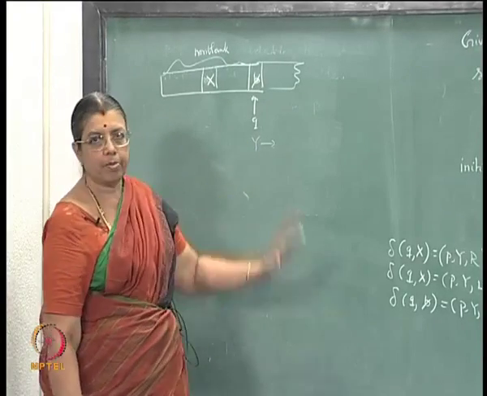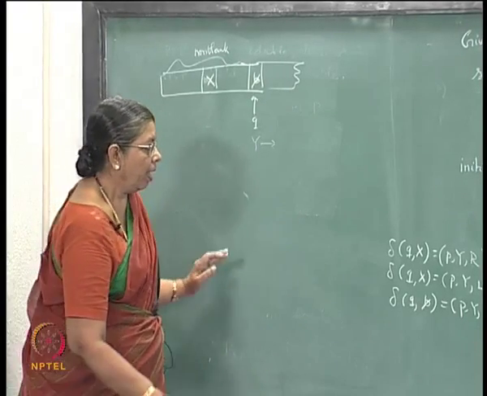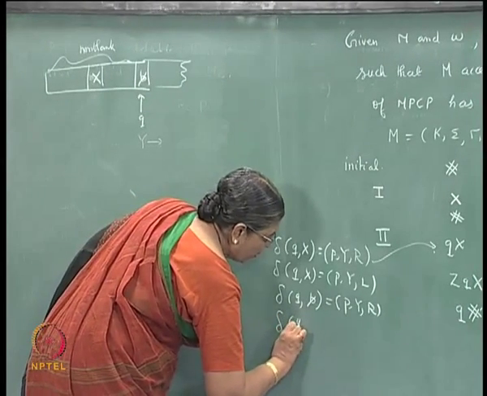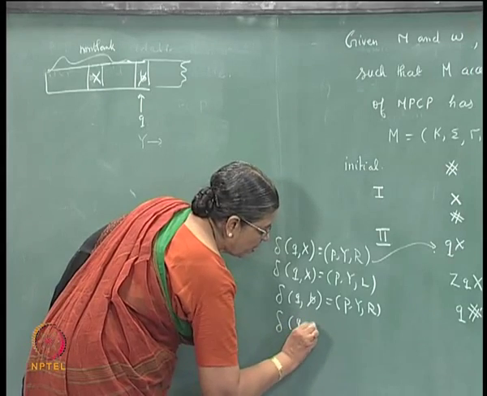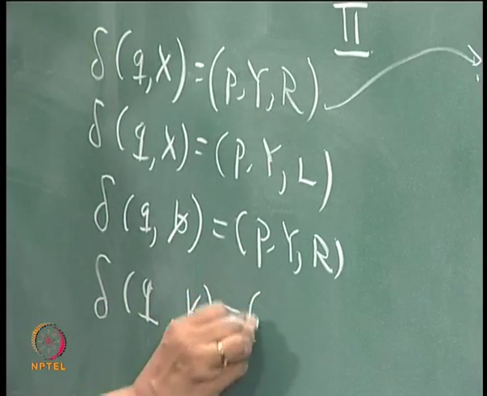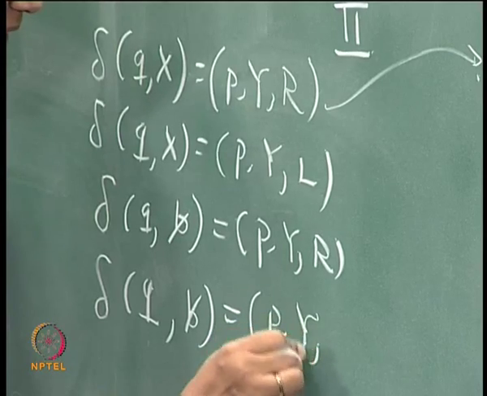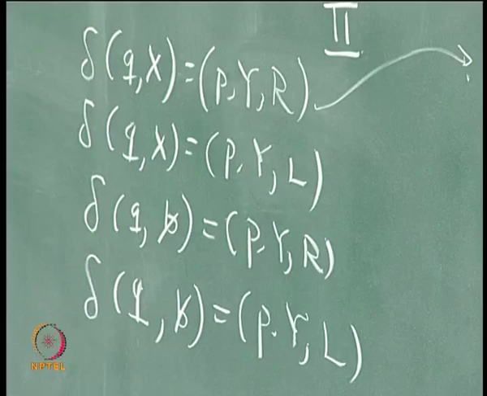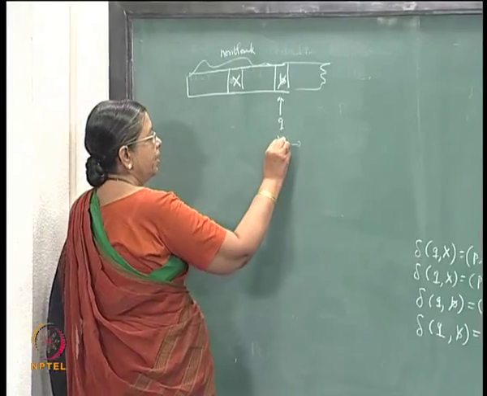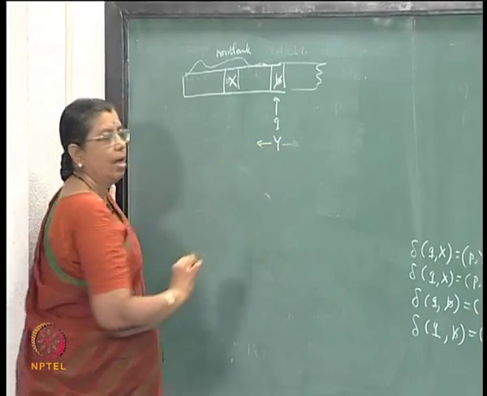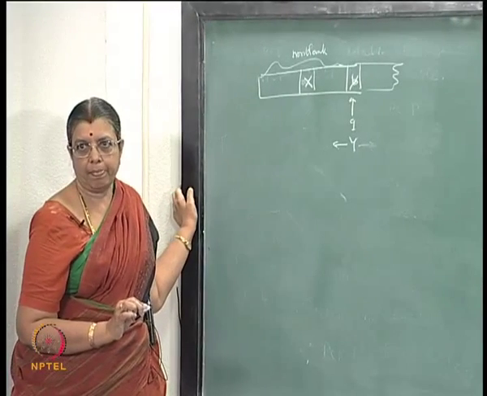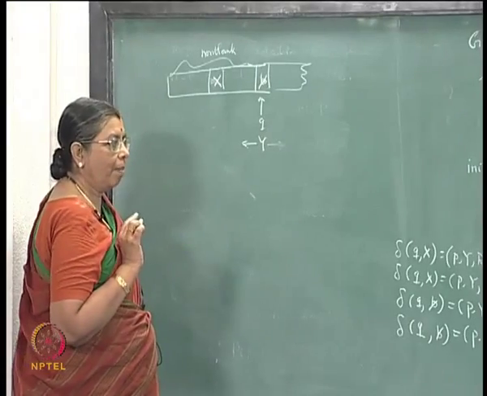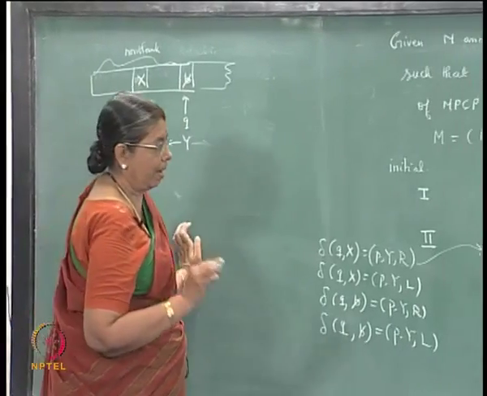It is printing Y and moving right. You can also have delta of Q blank equal to P, Y, L. What it does is print a Y and move left in state P.